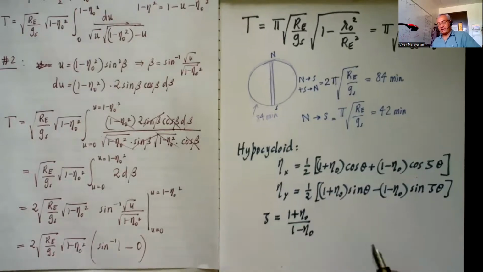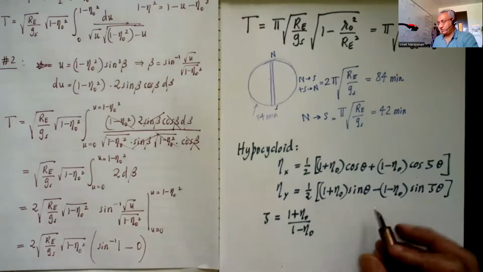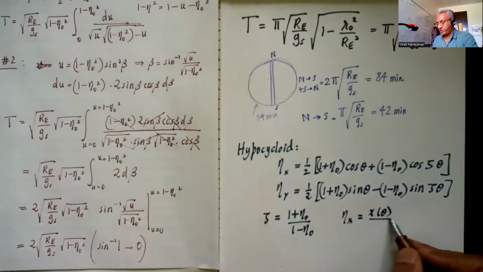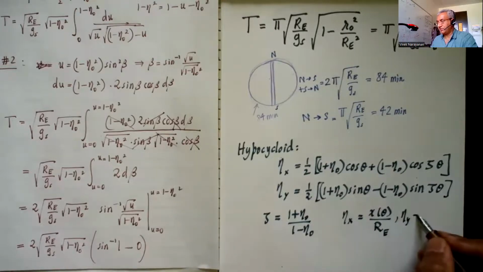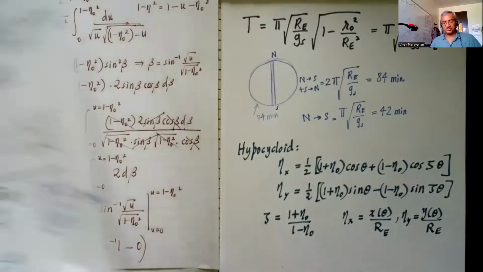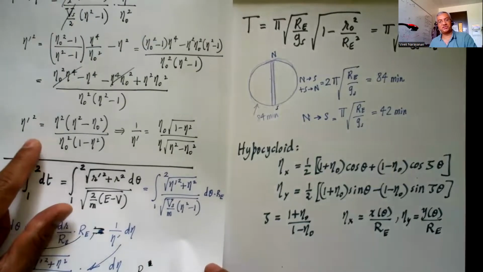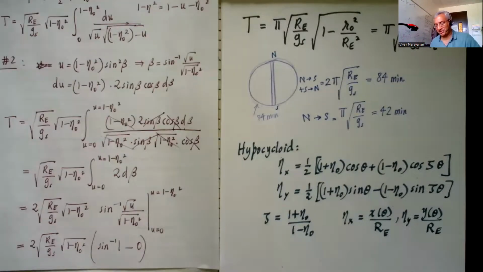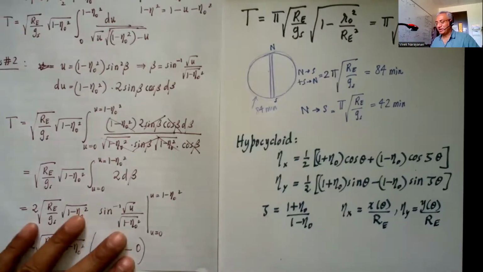So you can show that this hypocycloid, where eta x is x of theta over r sub e, and eta y is y of theta over r sub e, satisfies the differential equation we produced from Euler's equation, and that is this differential equation. You can show that this is satisfied. It's a long exercise, probably takes another hour to do it, so I won't bother doing it.